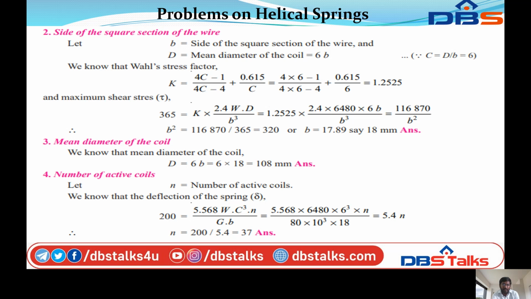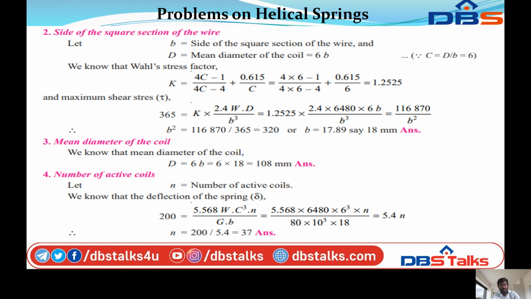Calculating, b square is equal to 116870 divided by 365, that is equal to 320. So b square is equal to 320 mm, so b is equal to 17.89, which is rounded to 18 mm. Finally, b is equal to 18 mm.